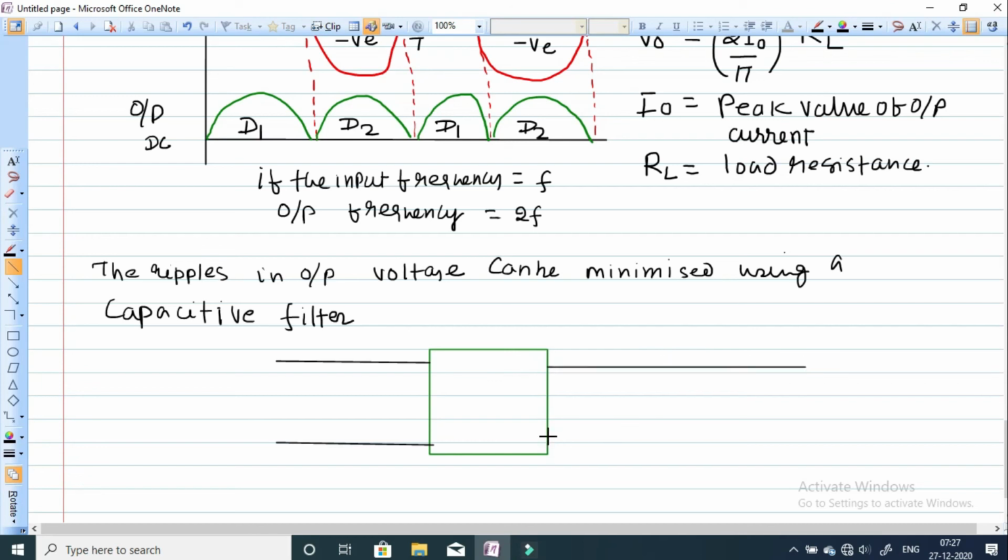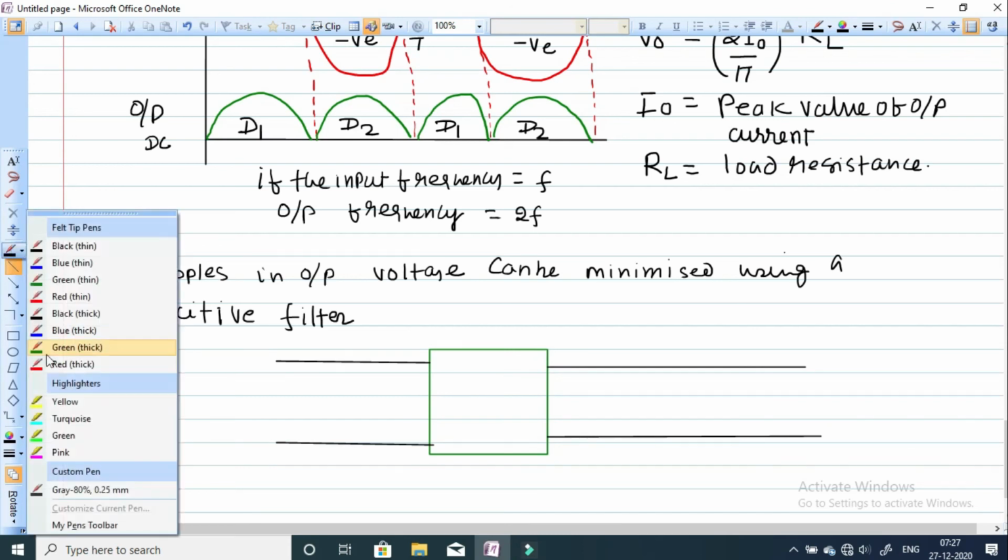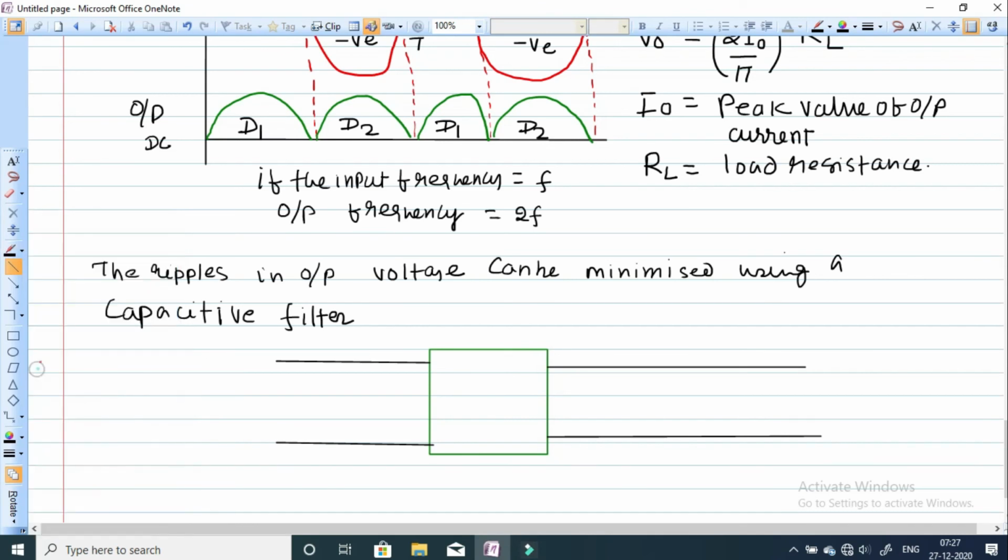And now we can connect the filter here. One capacitor is connected here. And here is the load resistance.